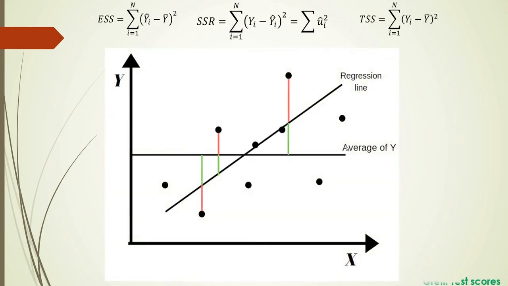So where are these variations if we look at our data? I will show it on this dot here. The total sum of squares is the difference between original data and the average data. So this is the original data, this is the average data. The entire line, green and red, is the total variation. The explained variation is the difference between theoretical data and the average data.